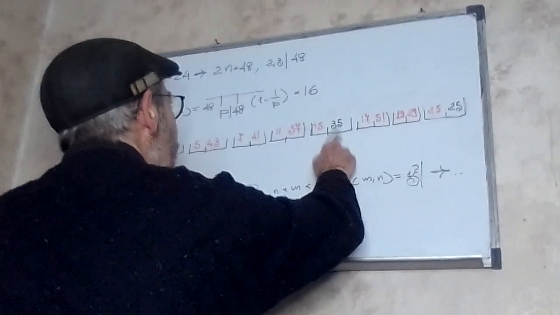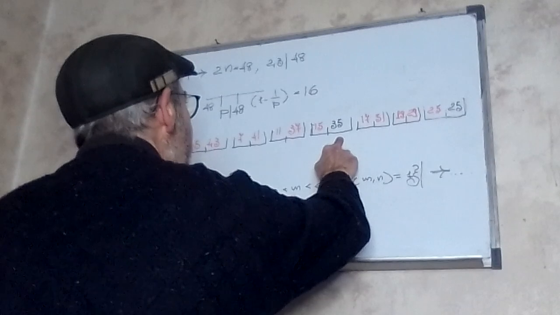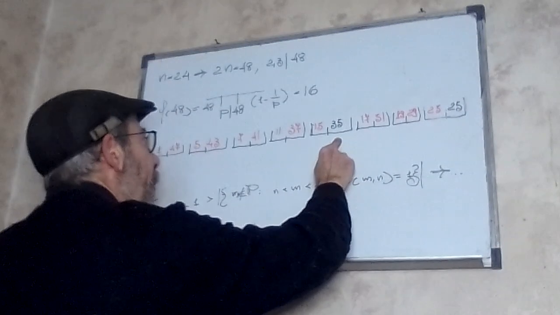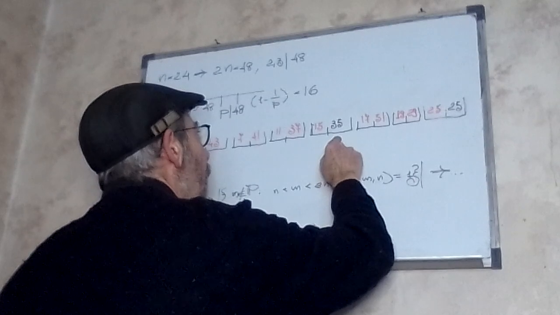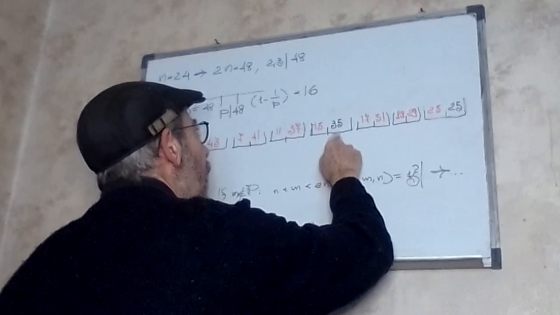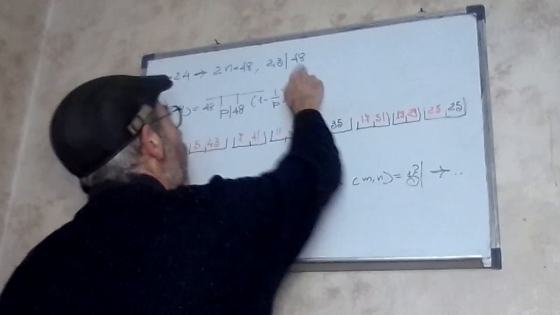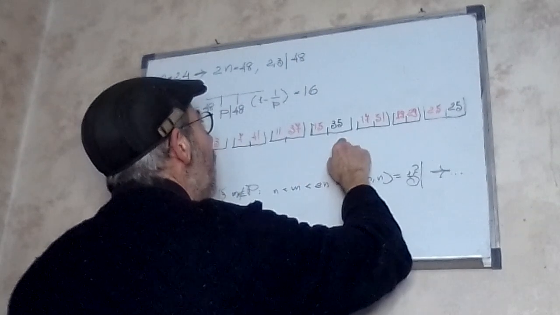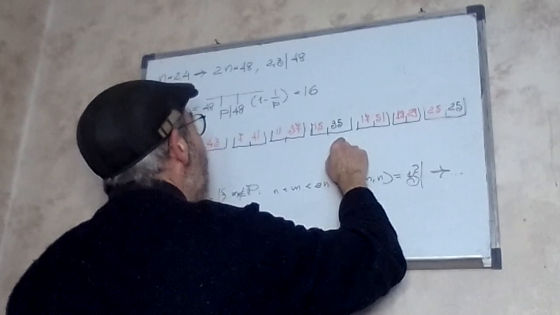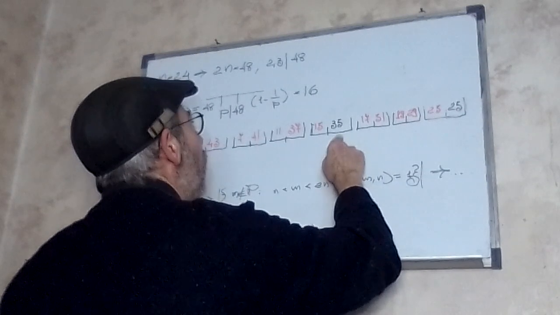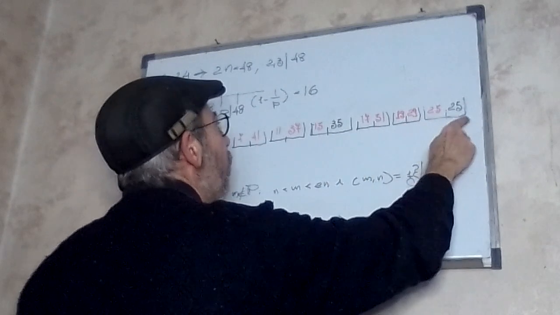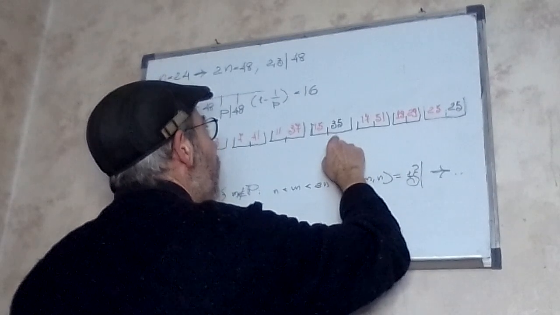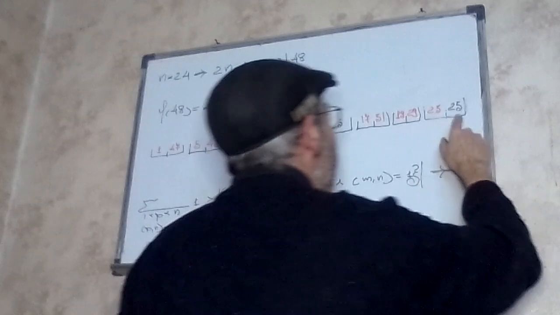And in black ink, the composite numbers coprime to 48 between 24 and 48. That is 35 and 25.